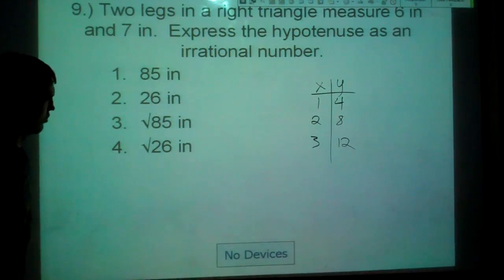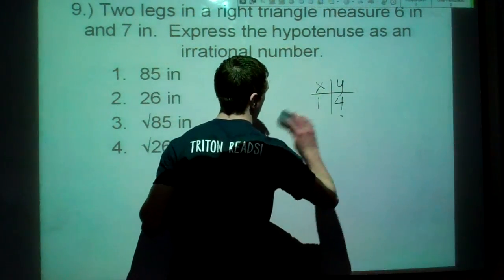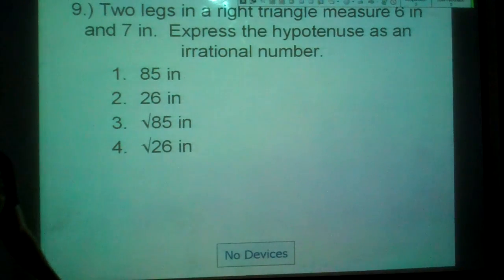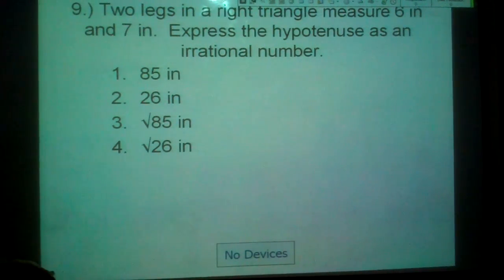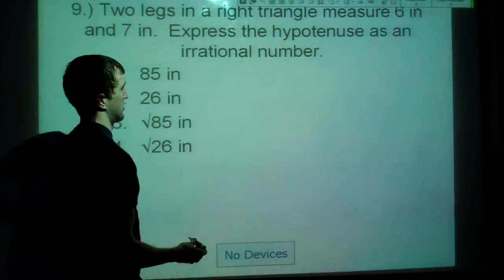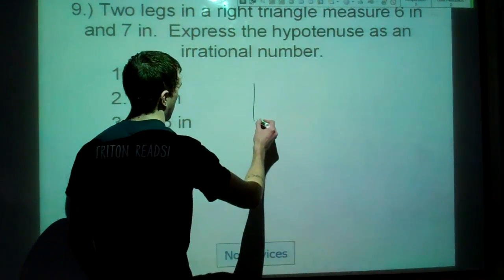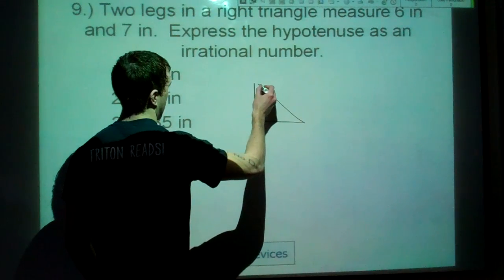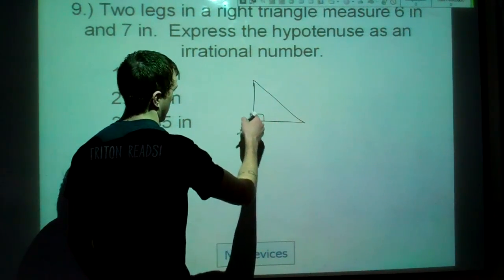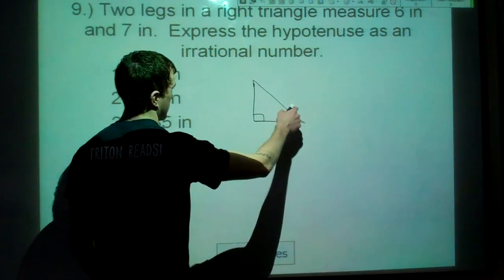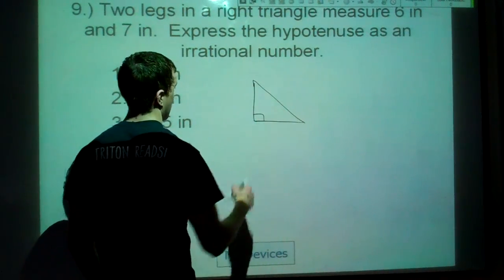Okay. Little Pythagorean theorem question here for number 9. We went over this one today too. 2 legs in a right triangle measure 6 and 7 inches. Express the hypotenuse as an irrational number. Okay, remember the legs are attached to the right angle. Hypotenuse is the longest side or the one opposite your right angle.